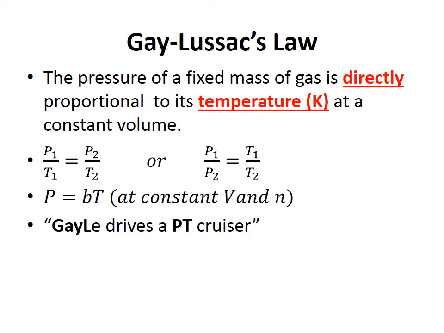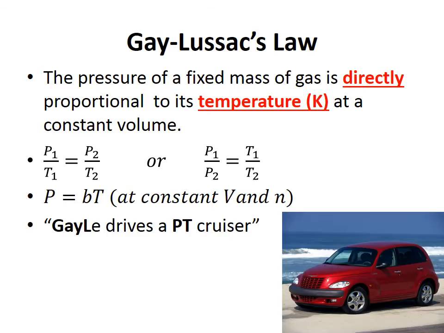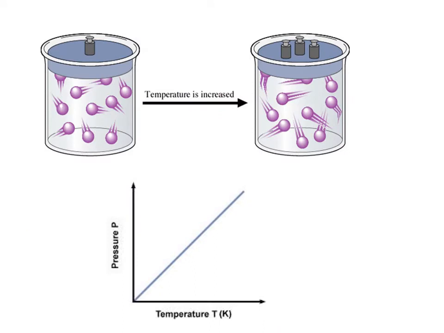Or you can say Gale drives a PT cruiser. That should be able to help you remember Gay-Lussac's law. Gale drives a PT cruiser. So here we see, we increase temperature, pressure also increases. We see an increase in pressure, we keep the volume the same.